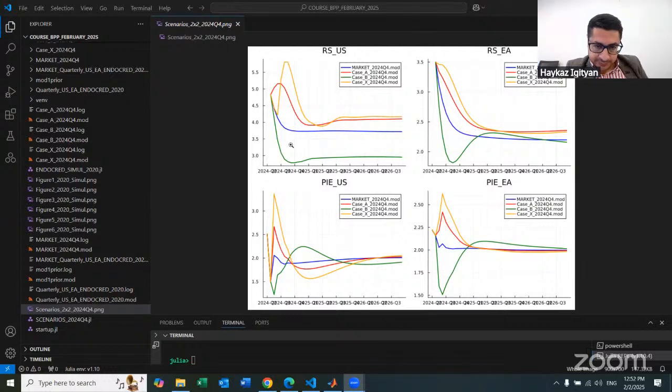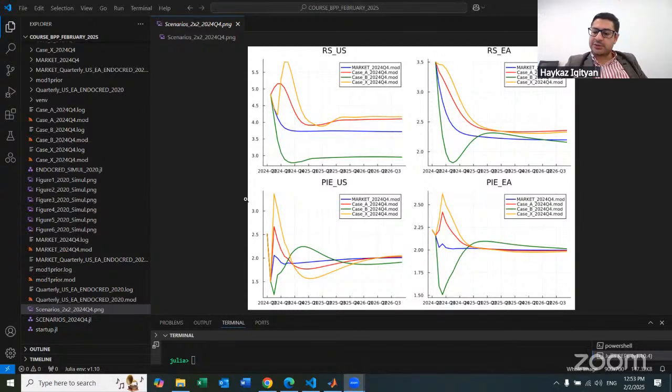Here the blue line, as for market, the interest rate is stabilizing around the long run. And for case X, as I said, initially it follows the market path, then jumps after realizing that underlying inflation expectations are higher. It jumps here.